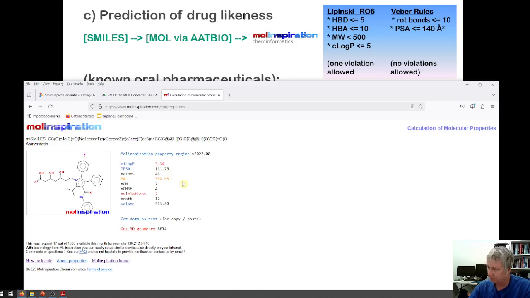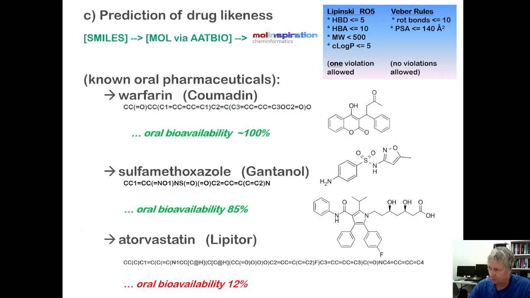Okay, and then for the Weber rules, rotatable bonds is 12. So that is violating the Weber rules. And the polar surface area is 111, so that's not in violation. But the Weber rules say no violations are allowed at all. Obviously Lipitor is used orally as an anti-cholesterol drug, and just because it has poor oral bioavailability doesn't mean it's unusable.